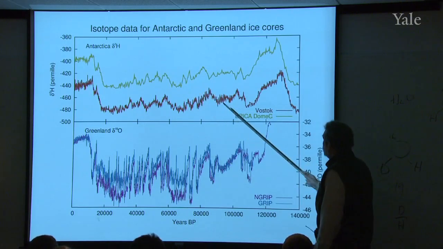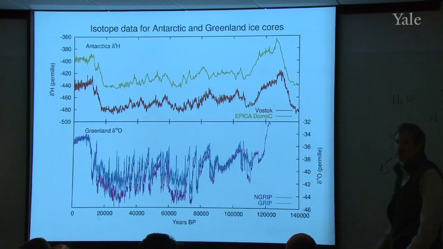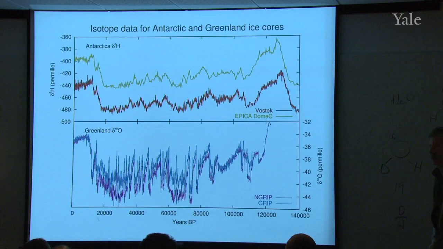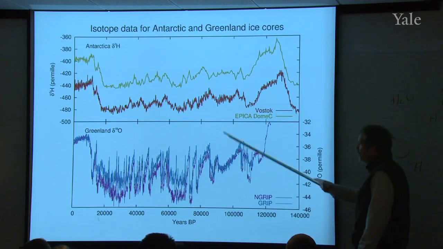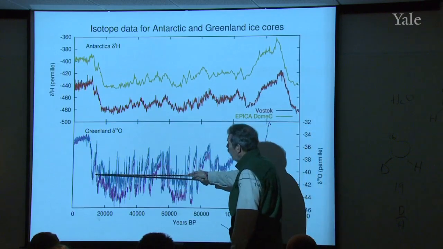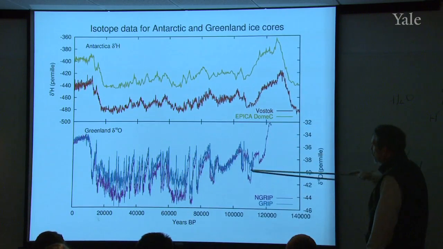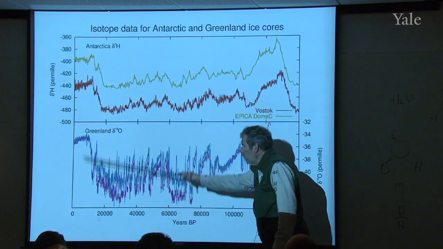This is Antarctica, and notice that both cores, done independently, show a very similar record. Even more surprising is that when you go to the northern hemisphere in Greenland, you get a record that again is fairly similar with interglacials, glacial periods, the Holocene.